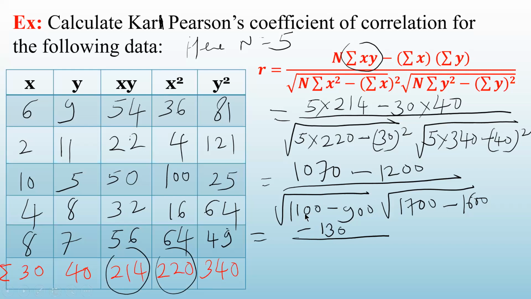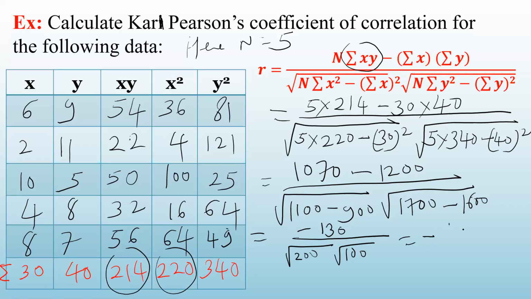Okay. Then 1100 minus 900, that is 200. So it is square root of 200. In the next square root, 1700 minus 1600, that is square root of 100. Now what you have to do is, this minus is in the numerator, we can write in the middle.